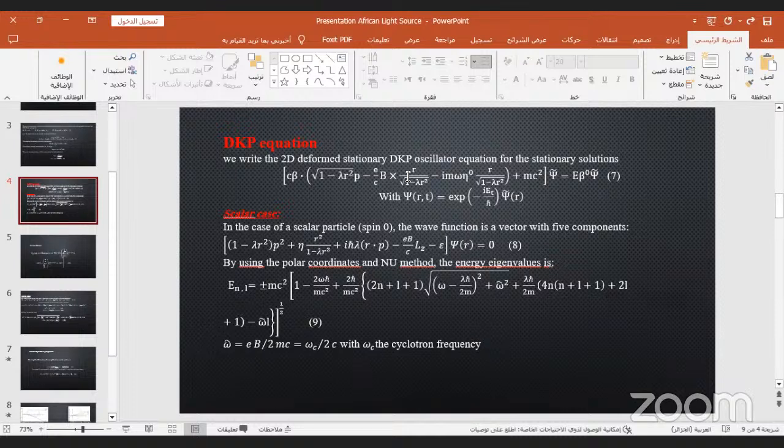Now, how could this theoretical development be validated experimentally? Actually, this is a theoretical study, so normally it's in the high energy area, so we cannot use it in reality. I have another study that I made on graphene.